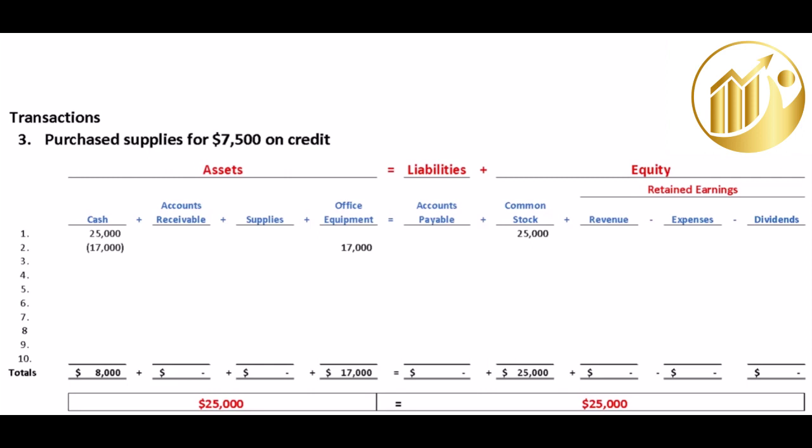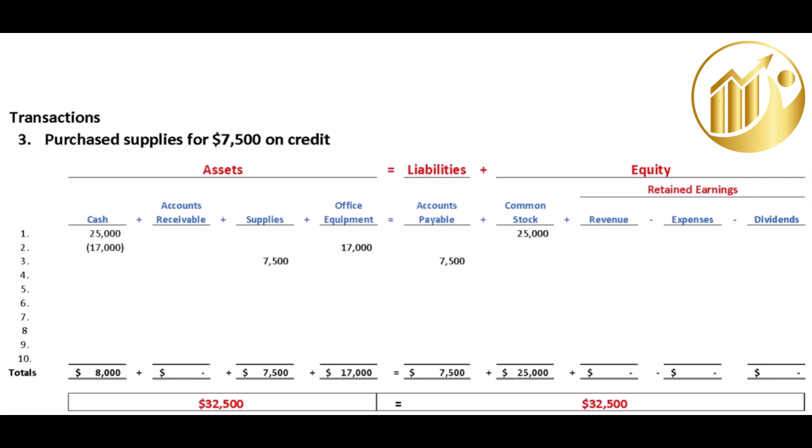We will have an asset account, supplies, increase by 7,500, and we will also have a liability account, accounts payable, increased by 7,500 again. So notice our fundamental accounting equation is in balance.